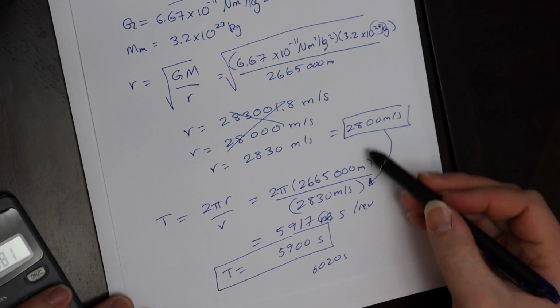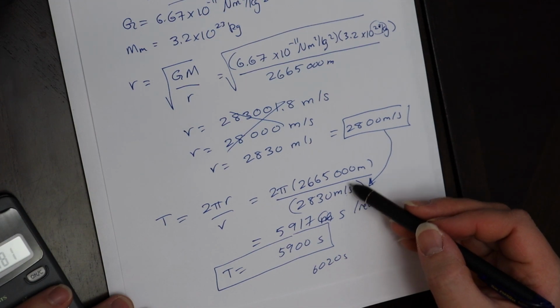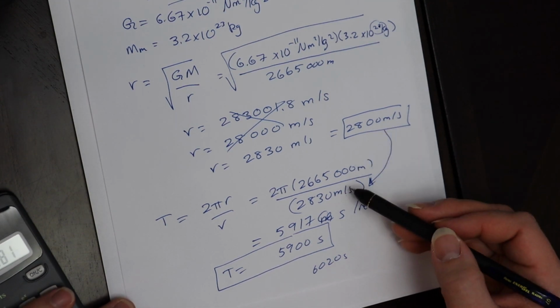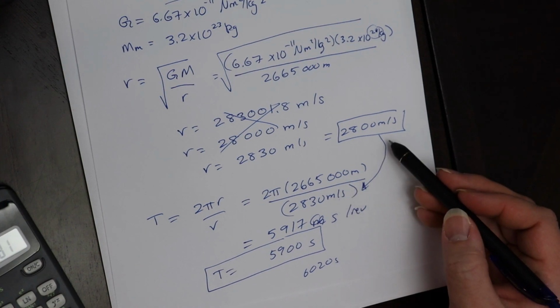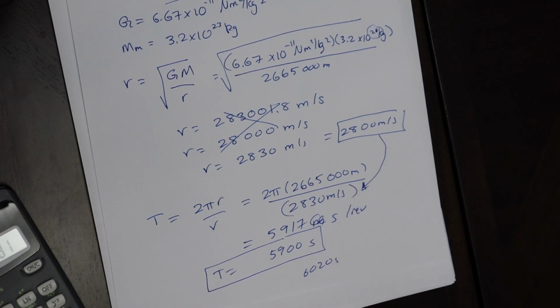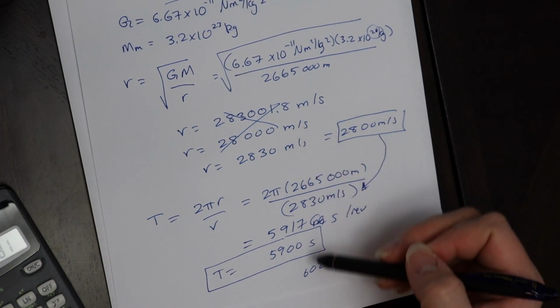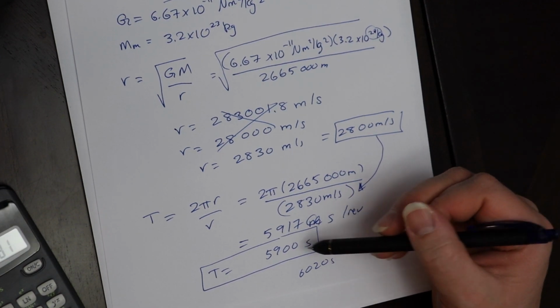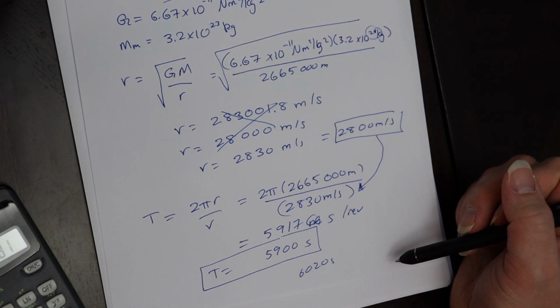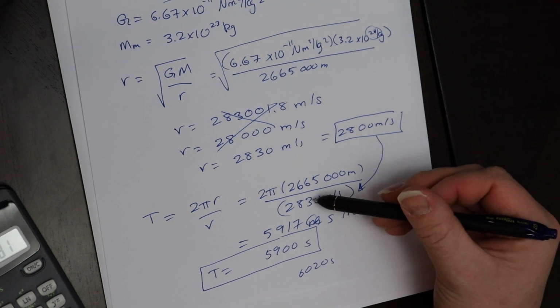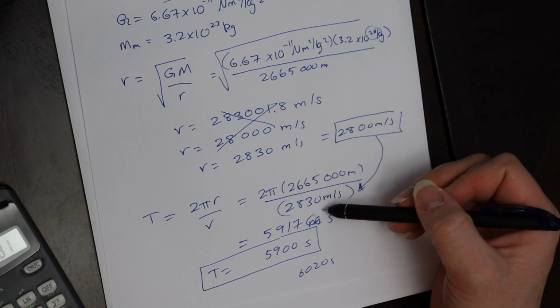So that's how much the answer changes if you use the sig fig value too early. But if you're looking at the solutions, we plugged in 2,800, and that's what we get, the 6,020. But so it's about 6,000 seconds. Okay, we're talking a difference of 100 seconds because we took it to a couple extra sig figs in our answer.